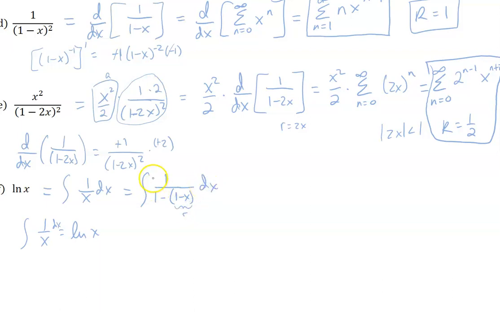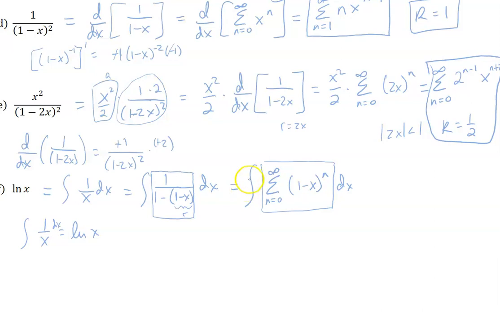And so now this that's on the inside is in the form of the infinite geometric series, so I can write that as the integral of the sum of the a is just 1, and then r is 1 minus x, and that is raised to the nth. Okay, and I still have a dx here, so I'm replacing everything in that box with this right here. And then I can apply this integral onto this, and this is an indefinite integral.